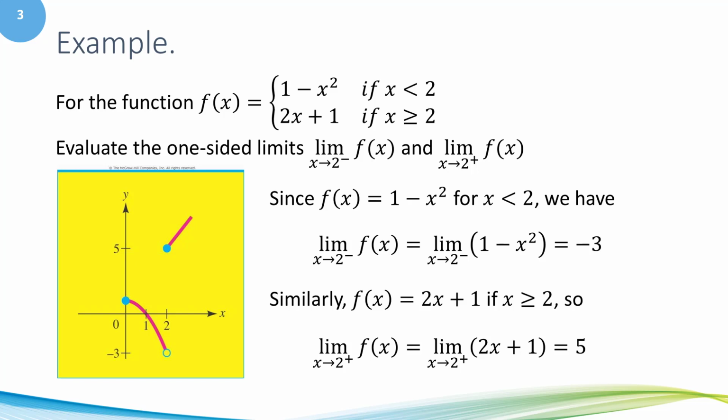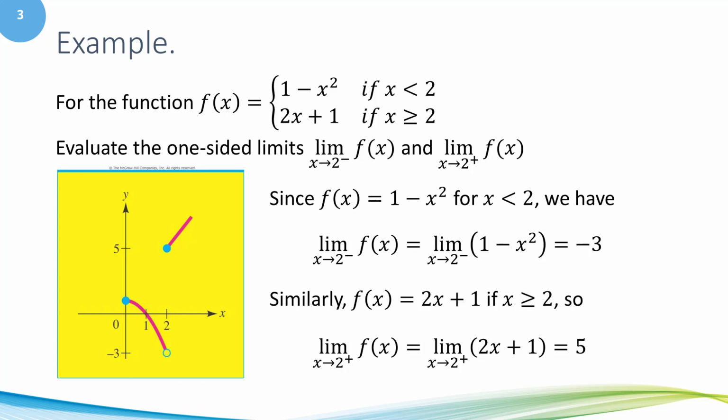Because it is less than 2, we use the function 1 minus x squared, and that's why the limit of x to 2 from the left is minus 3. With similar reasoning, the limit x to 2 from the right is 5, because we use the function 2x plus 1.